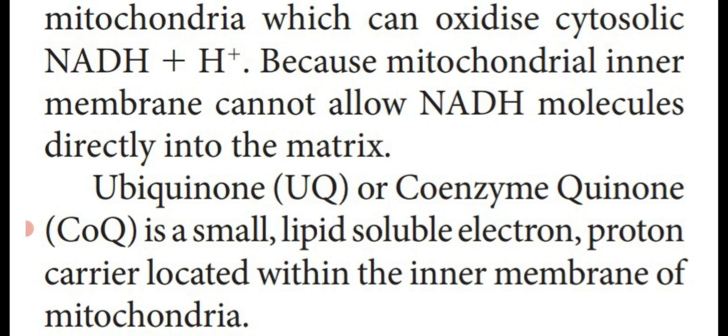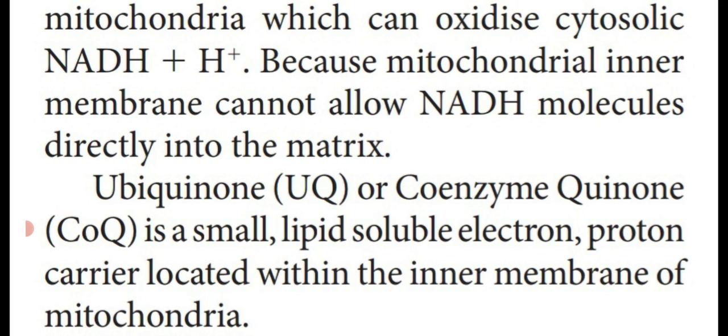So the different electron carriers are ubiquinone or coenzyme Q. Quinone is a very small lipid soluble electron proton carrier located within the inner membrane of mitochondria. So this is the small substance soluble in the lipid.